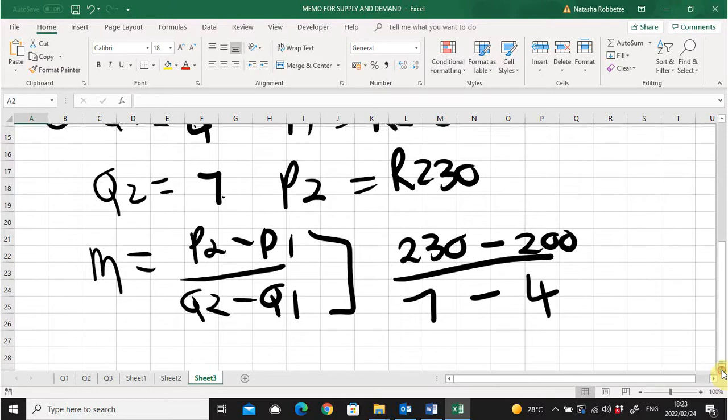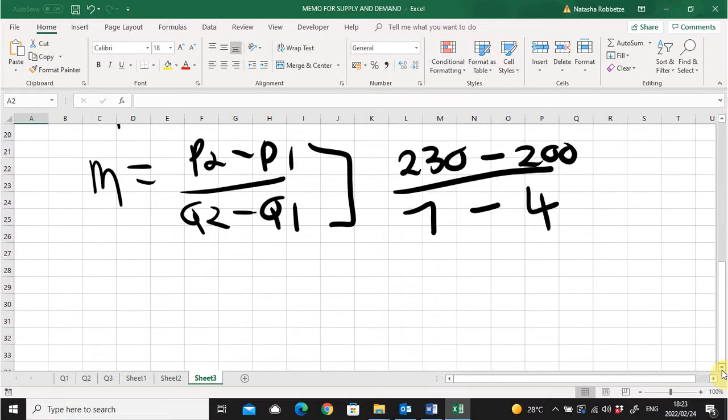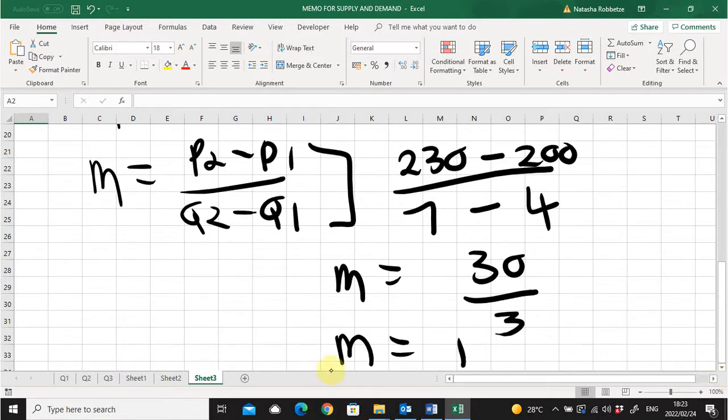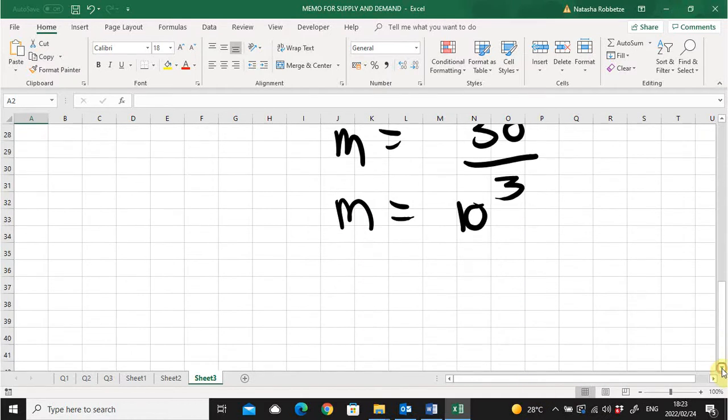And that will give us a slope of what? I see here it's 30 over 3, and that should give us a slope of 10. So we've solved our first step. M is 10, the slope is 10.